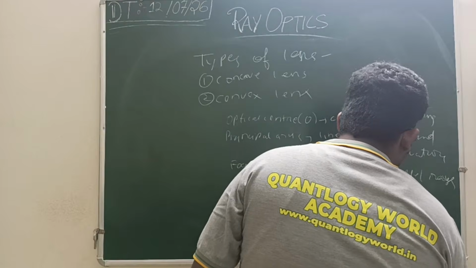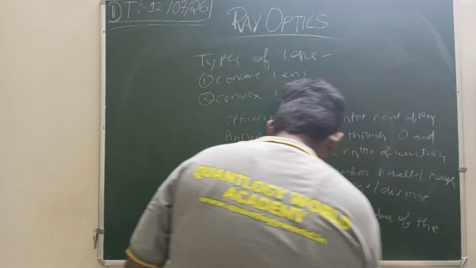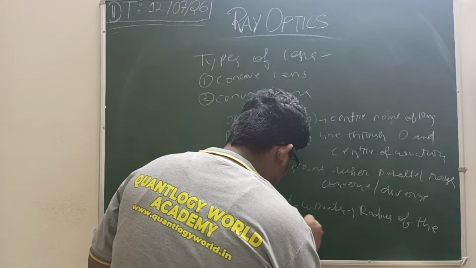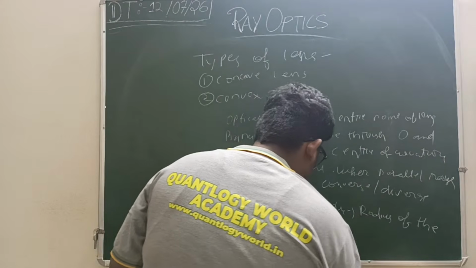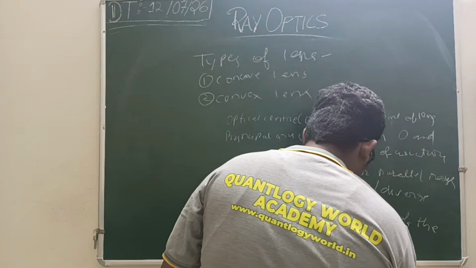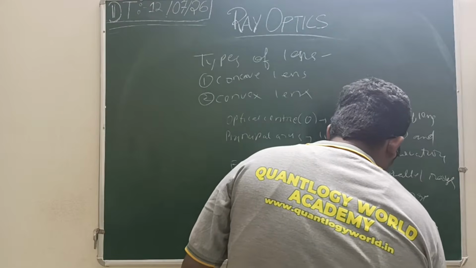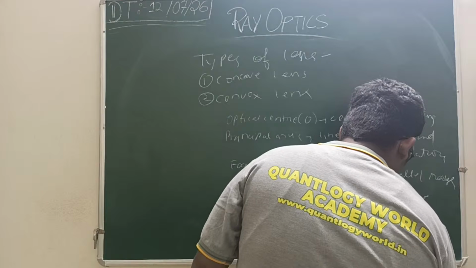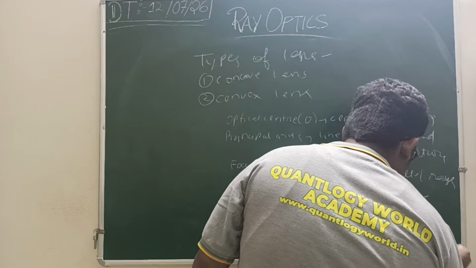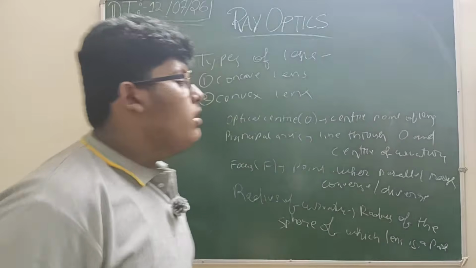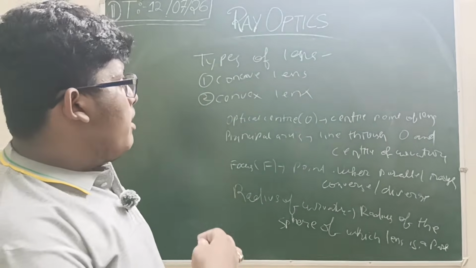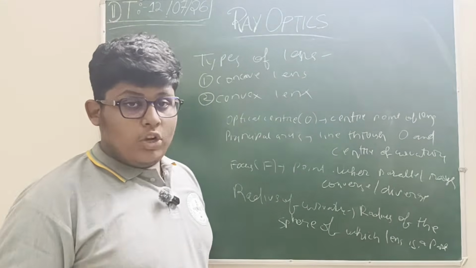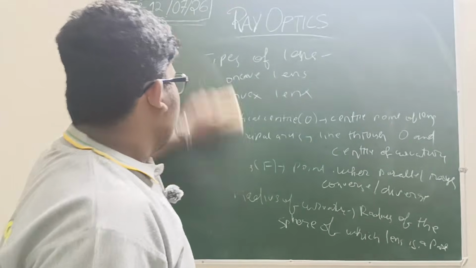Radius of the sphere of which lens is a part. So these are some key terms related to spherical lenses, that is concave lens and convex lenses.